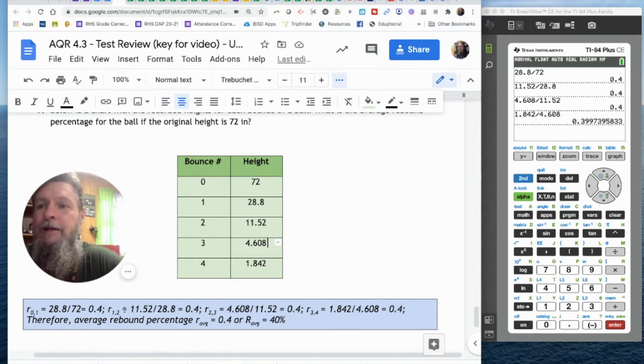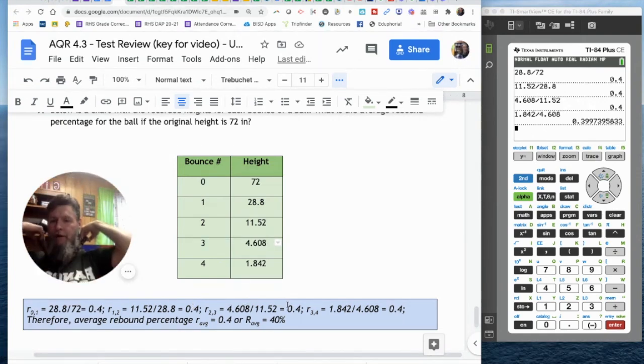The rebound ratio of the second bounce over the first bounce is 0.4. The rebound ratio of the third bounce over the second bounce is 0.4, and the rebound ratio of the fourth bounce over the third bounce is 0.4. So the average rebound percentage, since they're all the same, is 0.4.